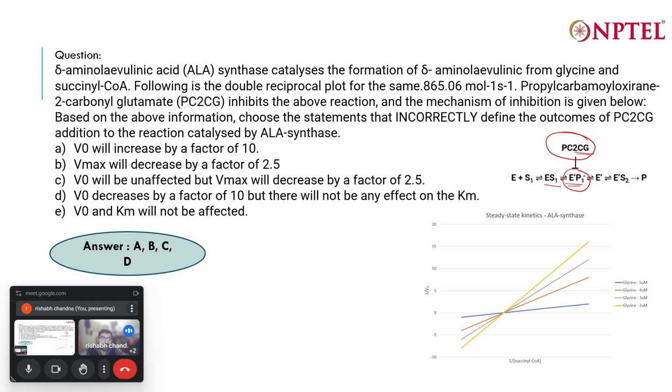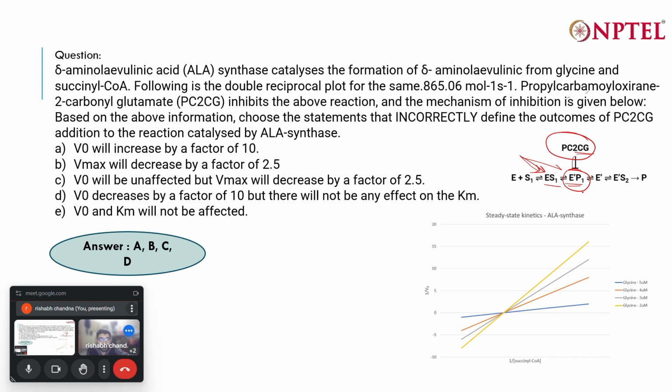So that can be considered as an intermediate. In that case, it has no link to be a competitive inhibition, because in case of a competitive inhibition, it will directly affect the ES1. So it will not be a competitive inhibitor, right?